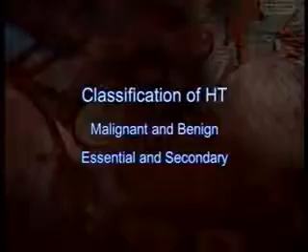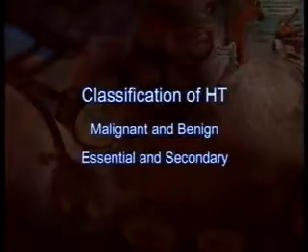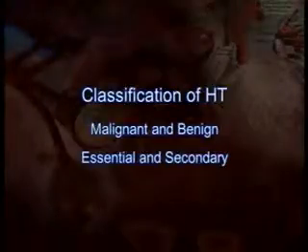Hypertension as a whole is classified into two groups, that is malignant and benign hypertension, and essential and secondary hypertension. In case of essential or primary hypertension, there is no known cause for this hypertension. It is idiopathic in nature.